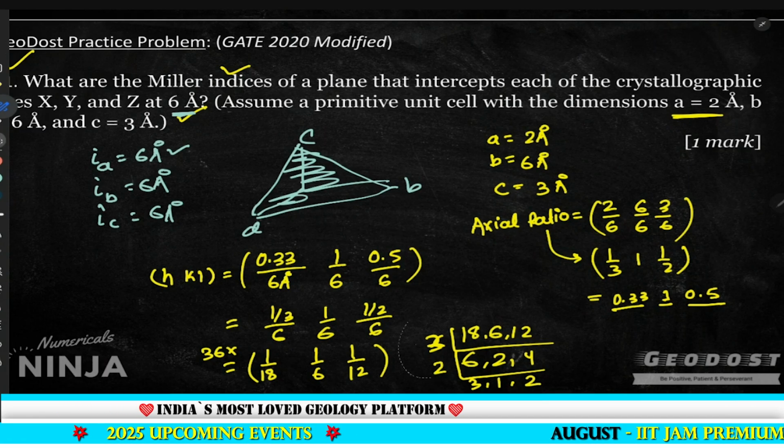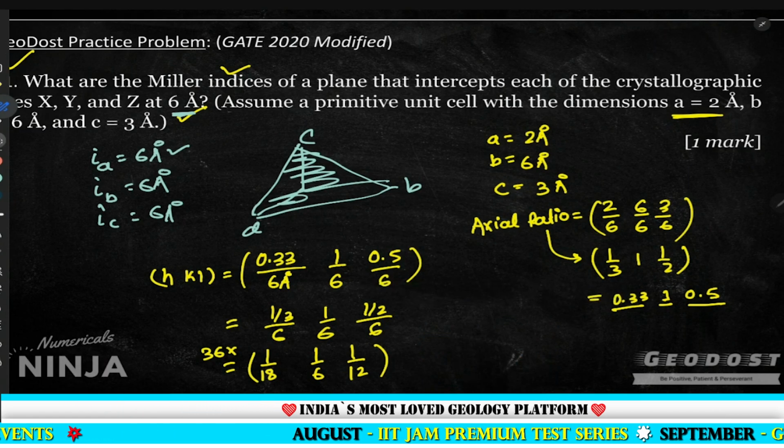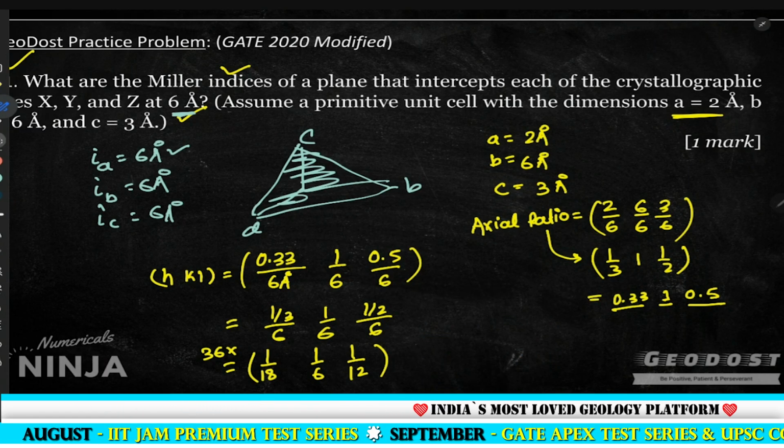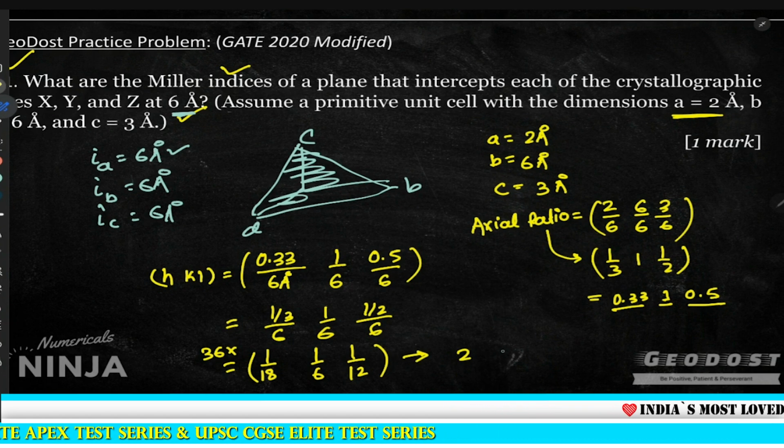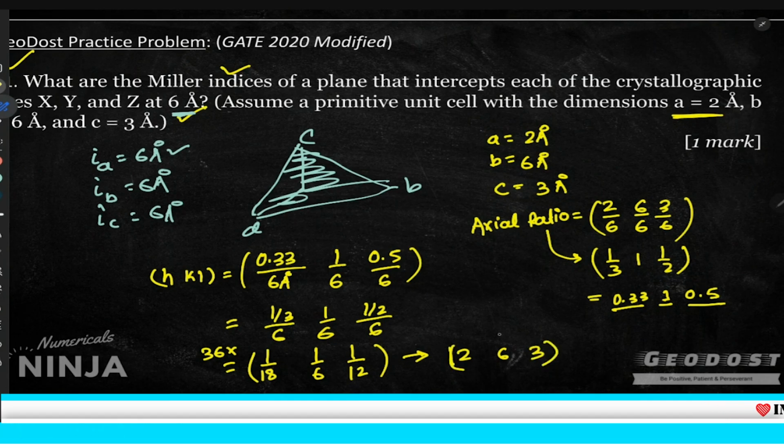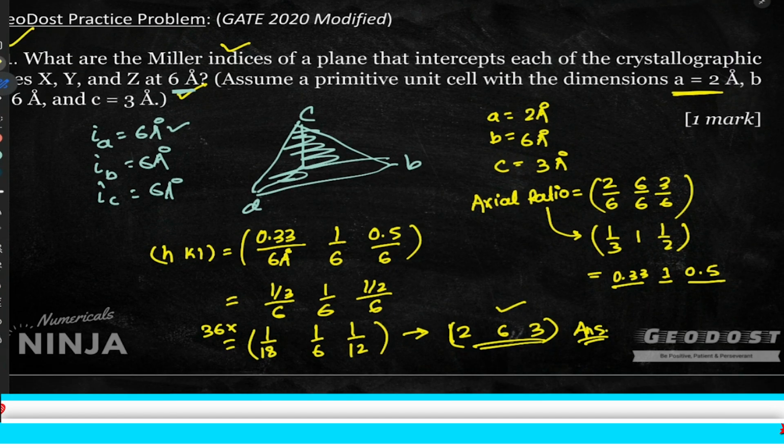So multiplying by 36, that will be 2, 6, 3. Okay, this will be your Miller indices, this will be your answer. So you guys are getting what I'm trying to tell you. This is a modified question. It was already asked in GATE 2020.